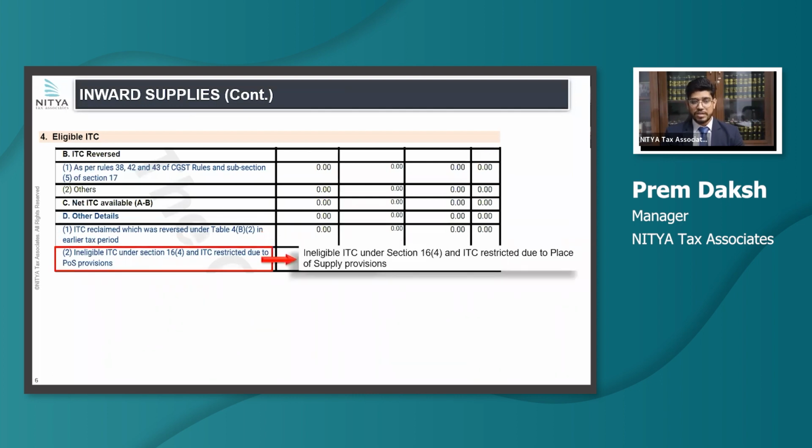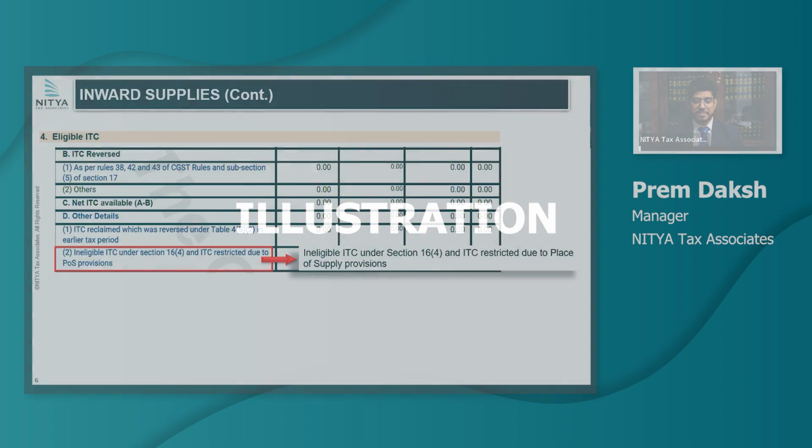Lastly, in table 4D2, the taxpayer needs to report ITC details of those invoices which are reported by the supplier after the due date to avail the ITC, and place of supply is reported other than the taxpayer's state.